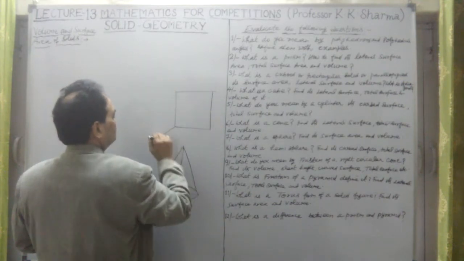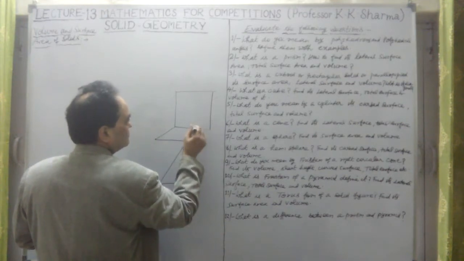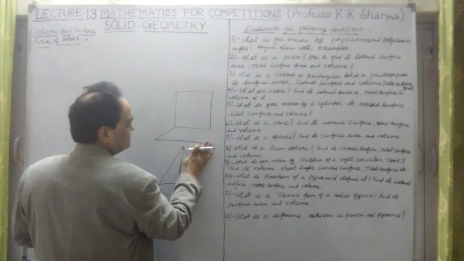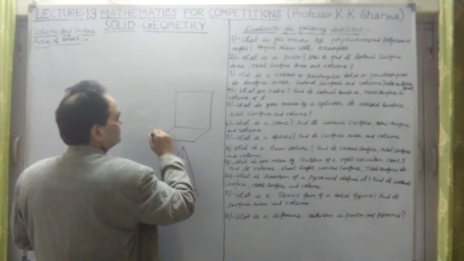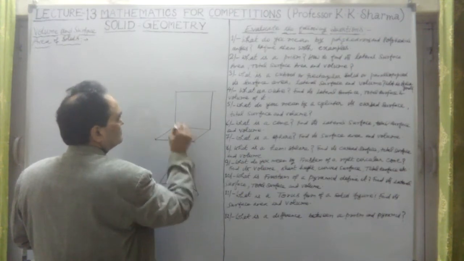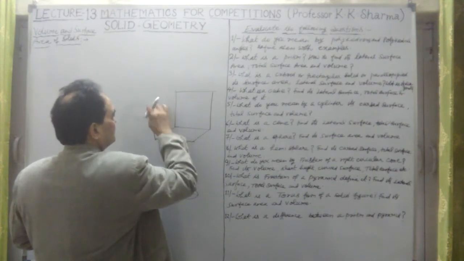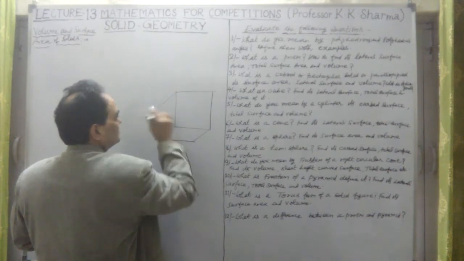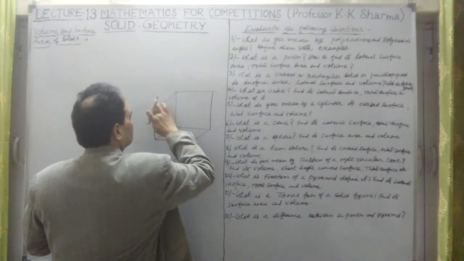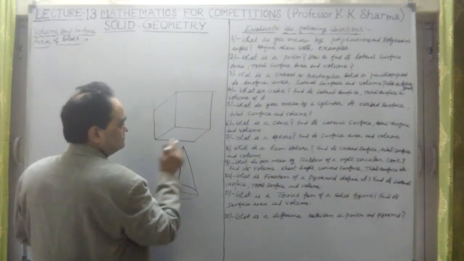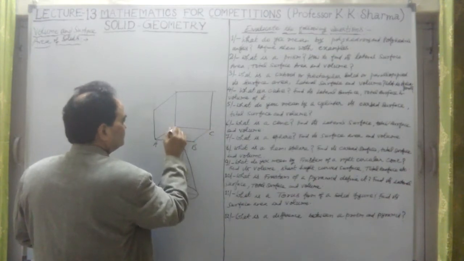Then this is the length here, length, breadth and height, and if I join this, then this is also joined here, length, breadth and height. And then length, breadth and height. This figure is also one of the three-dimensional figures. Let me take ABCD.